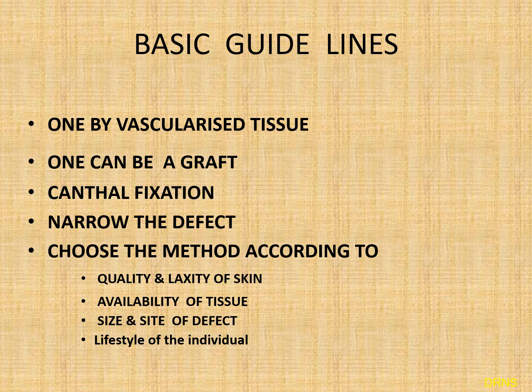Basic guidelines are: one lamella by vascularized tissue, one can be a graft, canthal fixation must be done, narrow the defect. Choose the method according to quality and laxity of skin, availability of tissue, size and site of defect, lifestyle of the individual.